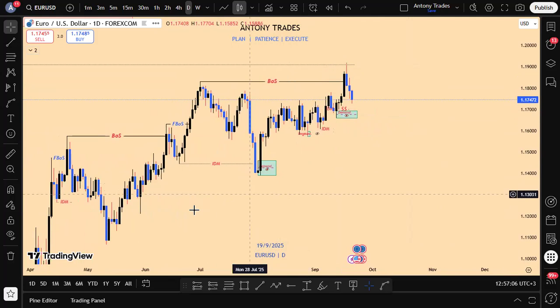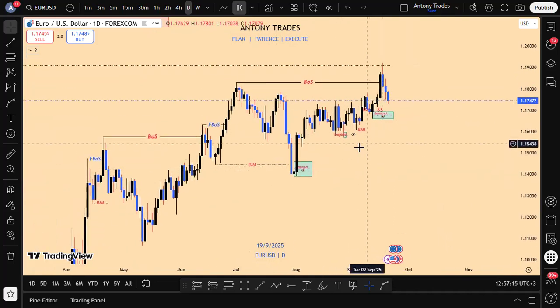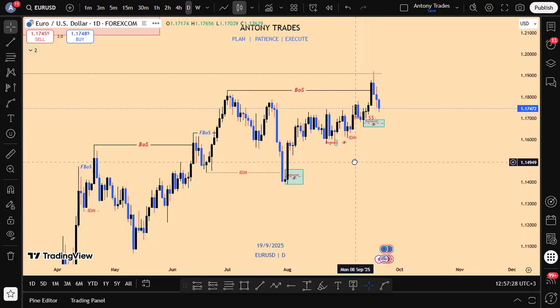Now, from what I can see here, the Euro USD is bullish, which is contradicting with the DXY, because the DXY is saying from the higher time frame we are bullish. So we are expecting to be bearish here on the Euro USD. So Euro USD is somehow contradicting.